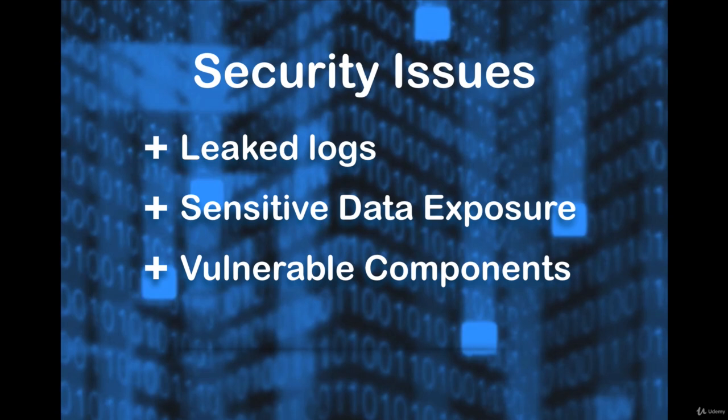And then you could also see that another set of logs might be providing you with some information about what version of Apache is running or what version of some other server is running, and you know that that's a vulnerable version.